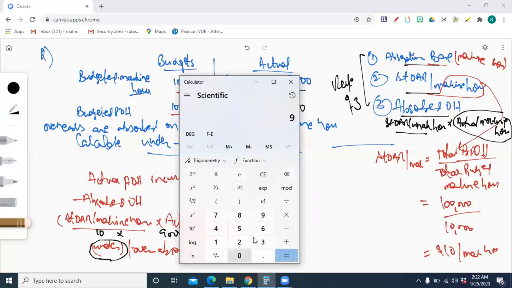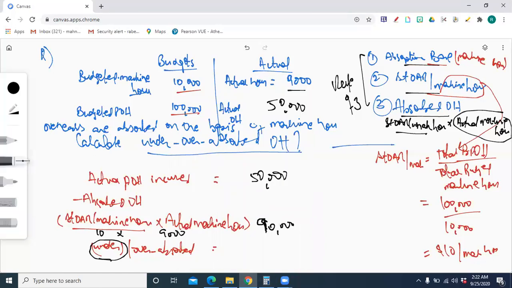I absorbed 90,000 but actual was 50,000, so actually over absorbed by 40,000. How did I over absorb? The standard rate was 10, right? Now calculate the actual rate: 50,000 divided by 9,000.